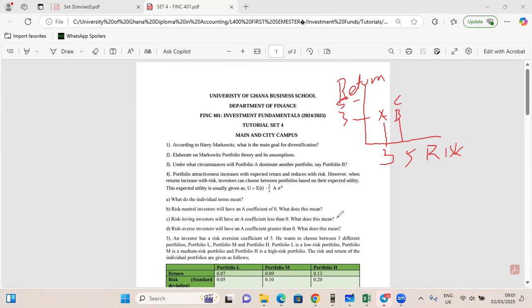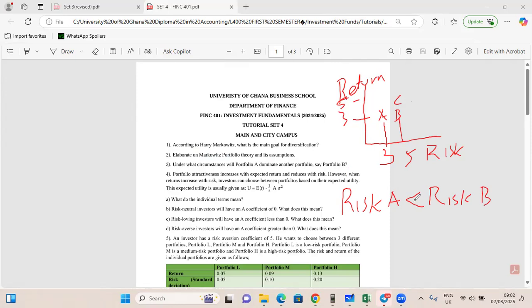Right. So under what circumstance will portfolio A dominate portfolio B? Portfolio A, looking at it here, will dominate portfolio B if the risk in portfolio A is lesser than the risk in portfolio B. That's the first point. When the risk of A is less than the risk of B, right?